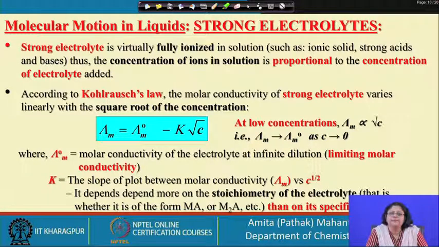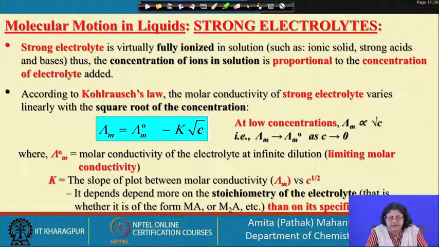The K is a constant, and this can be evaluated if you plot lambda versus the square root of C, and from the slope you can find it out. It depends on the stoichiometry of the electrolyte, whether you have a type 1 or type 2 electrolyte. I am going to discuss this in some time, what is MA and what is M2A.